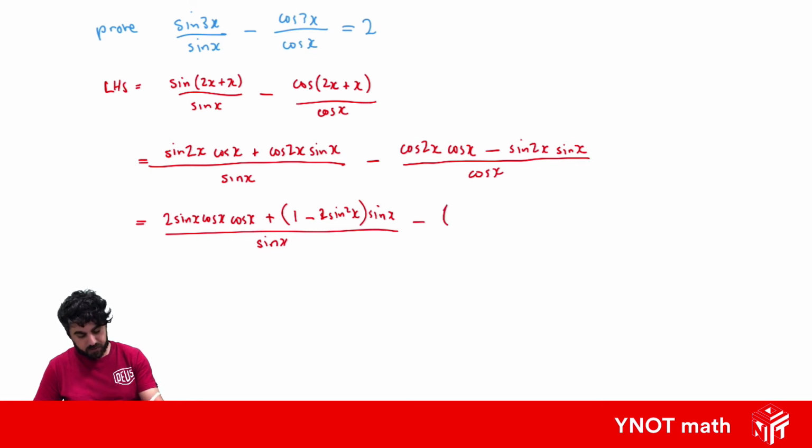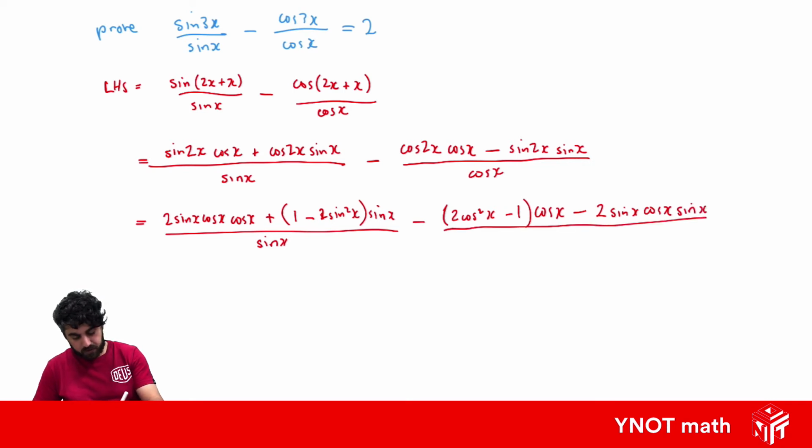Well, let's express this one in terms of cos because we have a cos in the denominator. So we're going to get 2 cos squared x minus 1 times cos x, and the sine 2x we can write as 2 sine x cos x all multiplied by sine x, all over cos x.